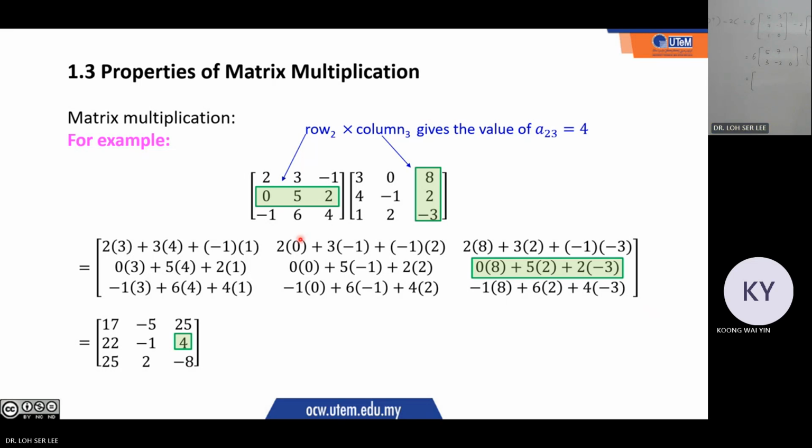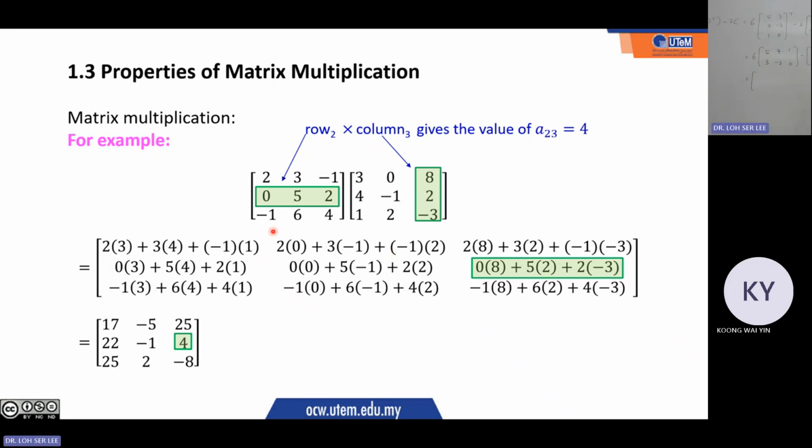Now let's say, if you look at this one, this row is from the second row, and this column is from the last column. Second row, third column. When you multiply these two, you will get the output at the location of second row, third column.